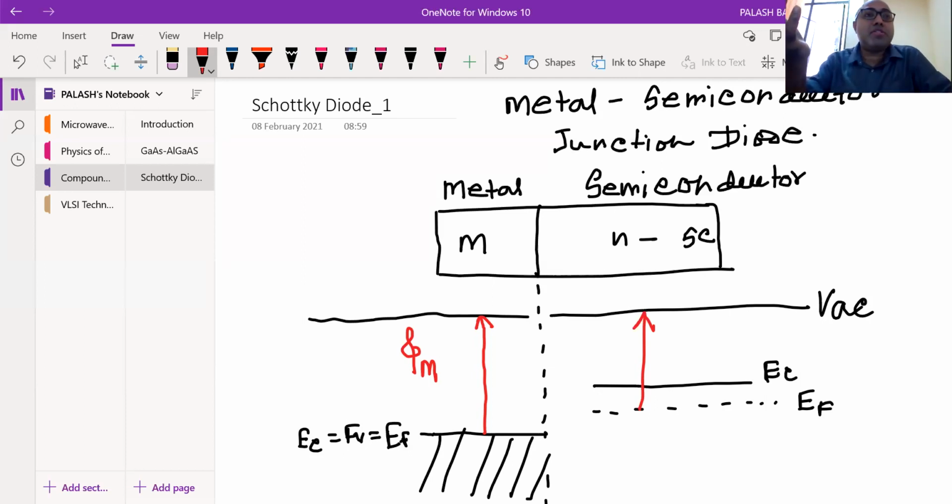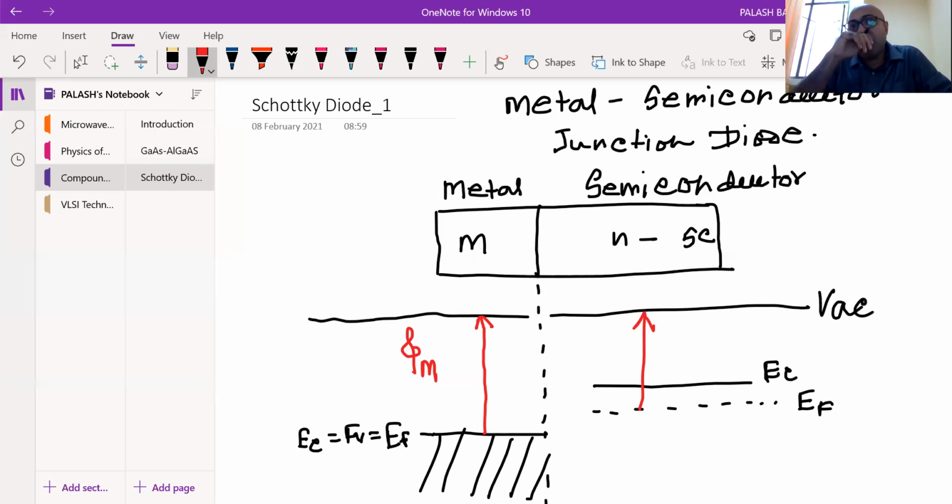I personally do not recommend it. Why? Because this is not a constant value. The moment you change your doping concentration, your Fermi level position will change. That means the work function of a semiconductor is a function of doping.